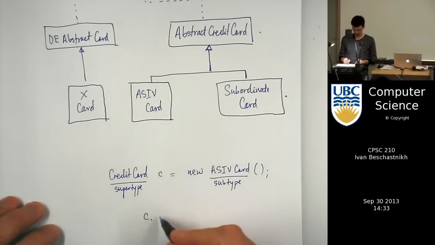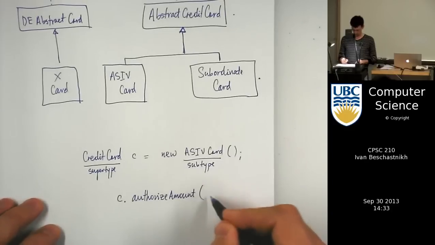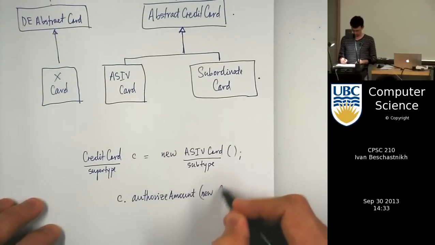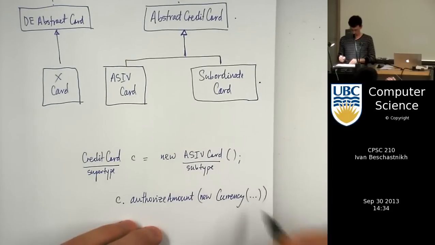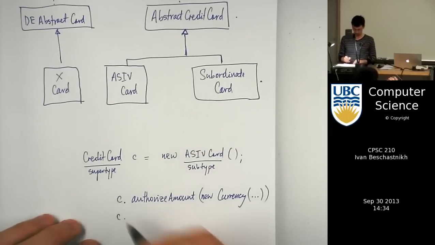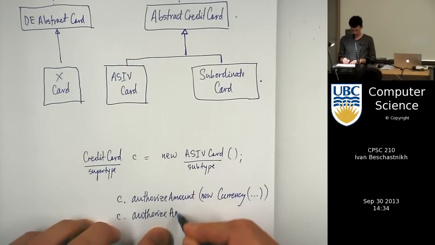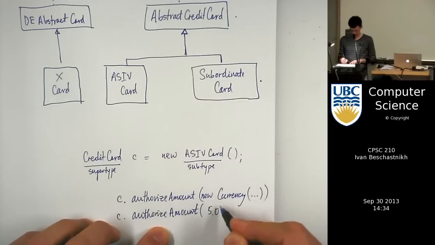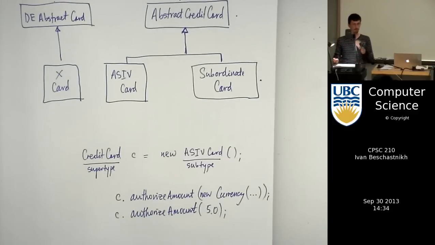And then I can do C dot authorized amount, creating a new currency object. But I could also do C dot authorize amount and then specify a specific amount. So this is overloading.